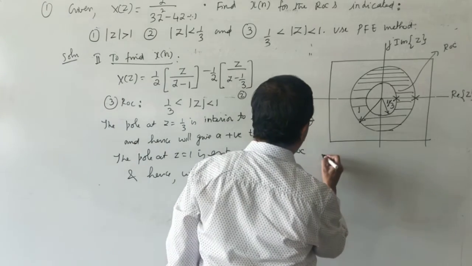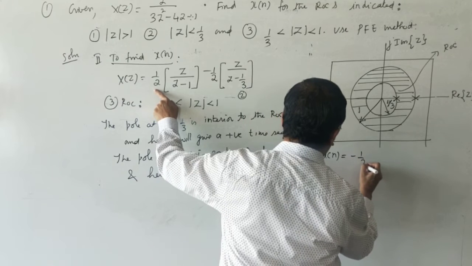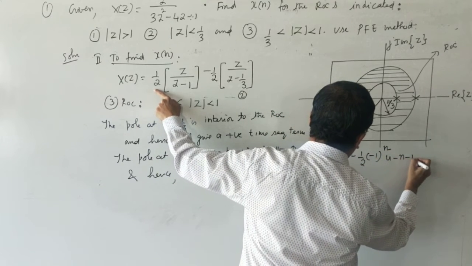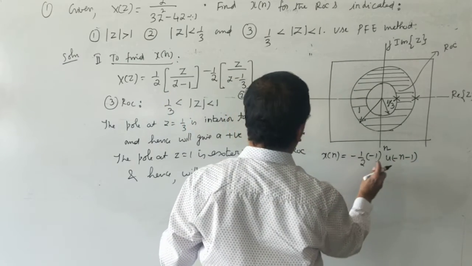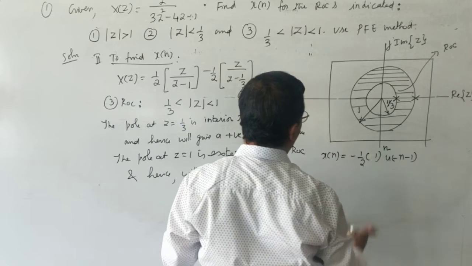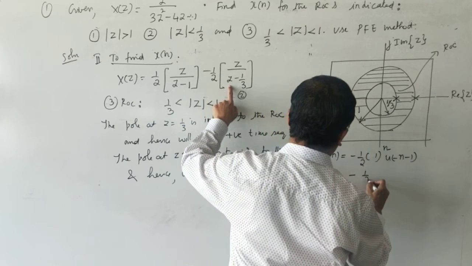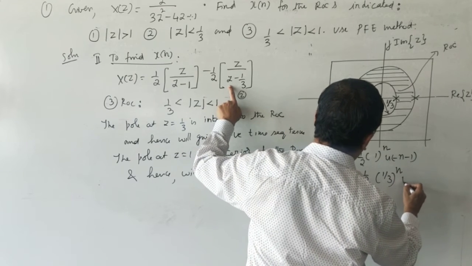Therefore, what is x of n? X of n is equal to, this will give minus half into minus 1 to the power n u of minus n minus 1. Minus 1 to the power n is 1, 1 to the power n is 1 only. This will give the positive time sequence term minus half into 1 by 3 to the power n into u of n.